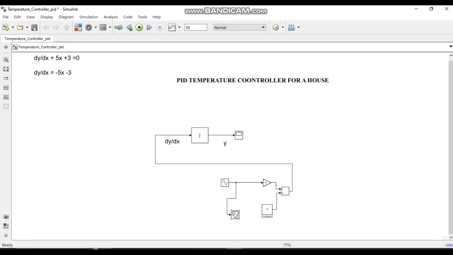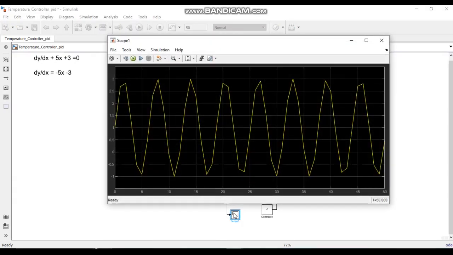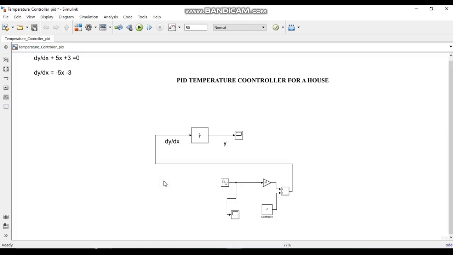Let's see how the sine wave is coming out. Yes, because of the solver. That's for another video, don't mind it right now. Okay, so we are done with this example, right?